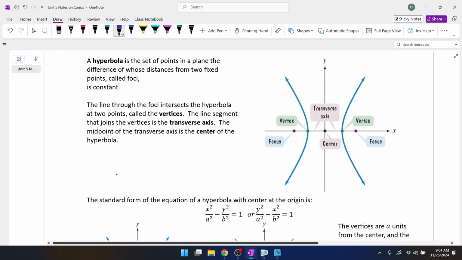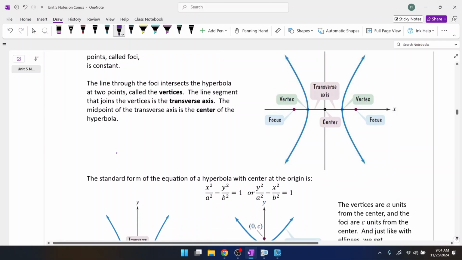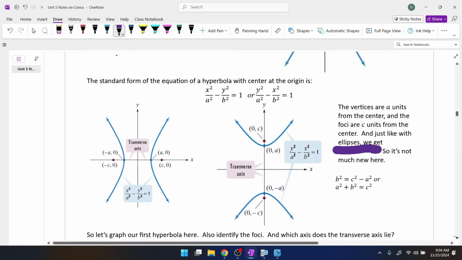So the line that will join the vertices, that'll be your transverse axis. The foci will be inside of the hyperbola. You're going to have basically two standard equations of a hyperbola.